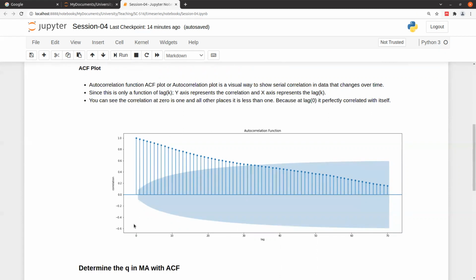In this place, there is zero lag, which means we are comparing the data point with itself.